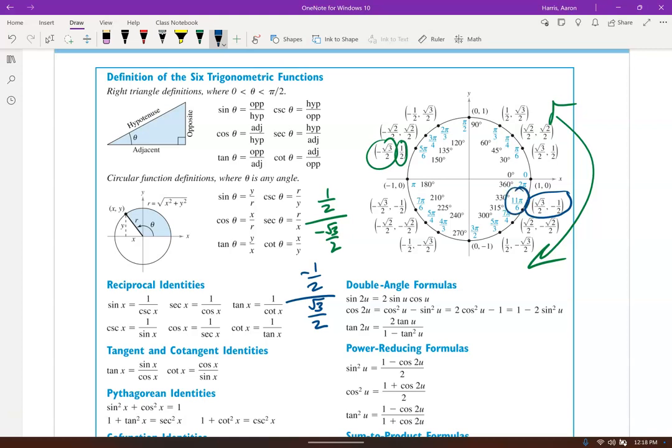Where is it at? 11 pi 6. Well, it's not 11 pi 6. Remember, I've got to think negative. This is negative pi 6. So I've got to use negative pi 6 because I've got to be between negative pi halves and pi halves.